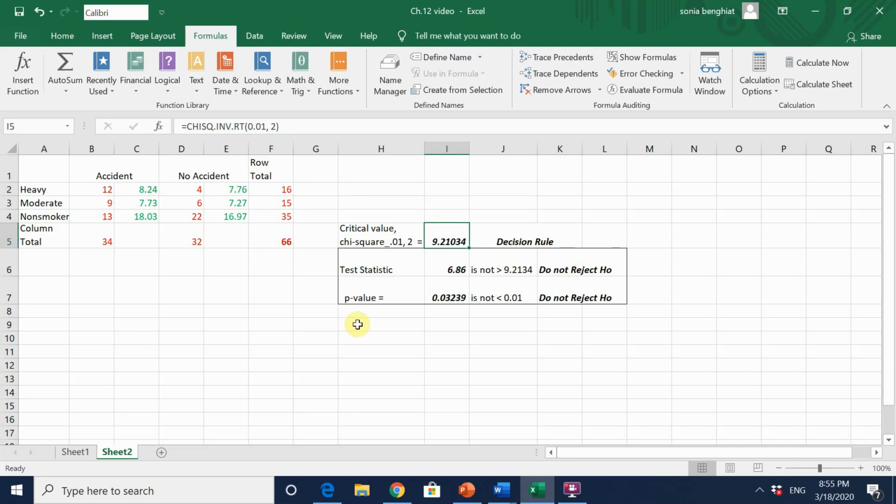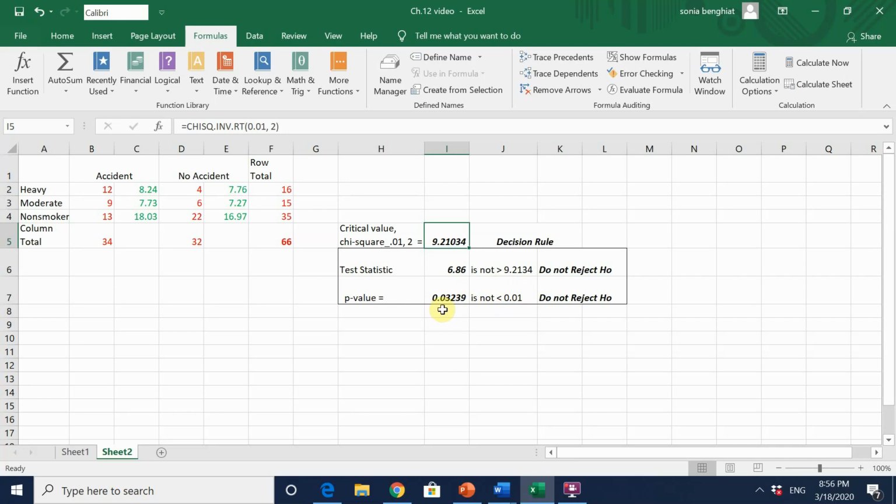If I were to use the p-value approach, the idea would be to compare my p-value for my test statistic of 6.86 and for 2 degrees of freedom, assuming that the null hypothesis is true. It would have to be compared to my level of significance. The level of significance for this example is 0.01.